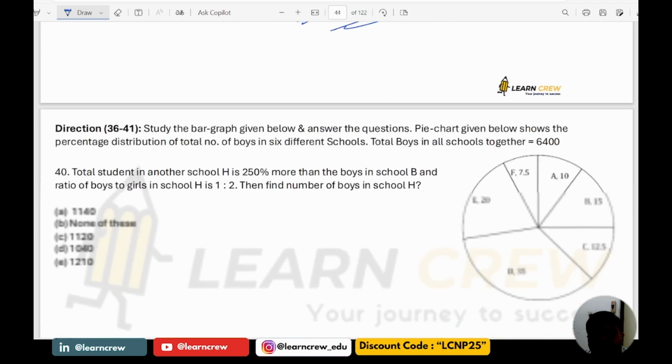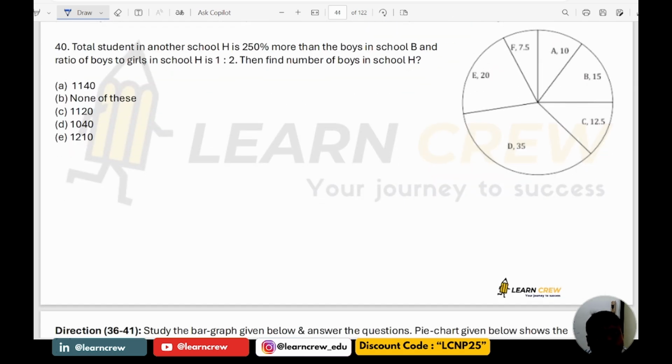Next question. The total students in another school H is 250% more than the boys in school B. The boys in school B is 960. So 250% more than that means you have to make it 3.5 times. 3.5 times of 960 is 3360.